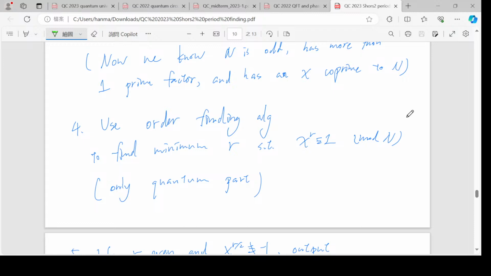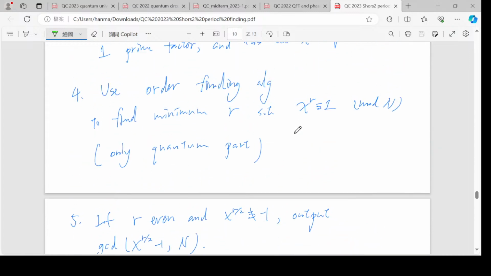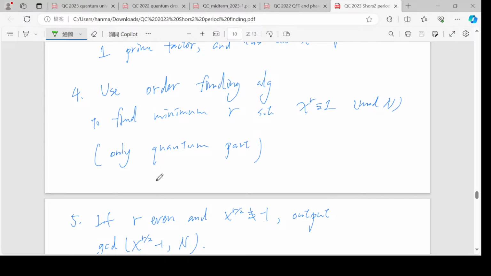We use our quantum order finding algorithm to find the minimum r such that x to the r equals 1. So we want to find this order here. If r is odd, then you are unlucky.